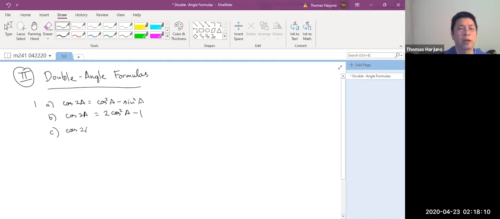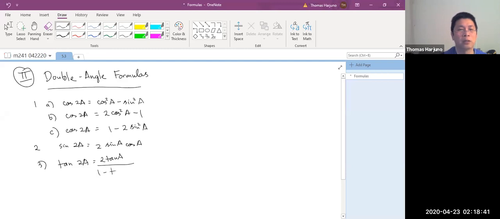The third variation is 1 minus 2 sine squared A. The second one is sine 2A equals 2 sine A cosine A. The third one is tangent 2A equals 2 tangent A over 1 minus tangent squared A.